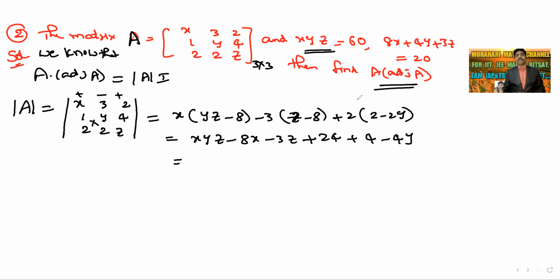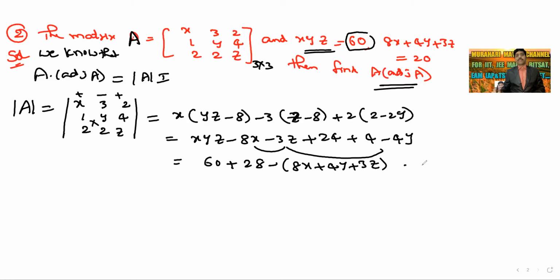So xyz value is given as 60. So 28 plus 28. In this, take minus 1 common: (8x plus 4y plus 3z). It is going to be 60 plus 28 minus (8x plus 4y plus 3z), whose value is given as 20. So it is going to be 68.